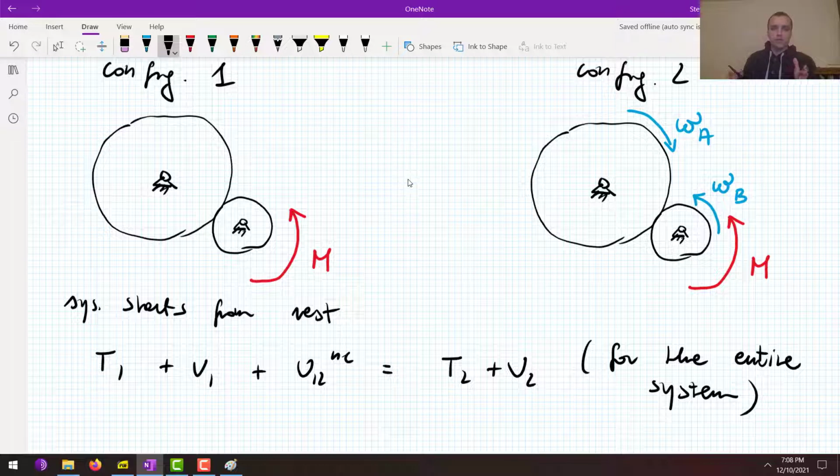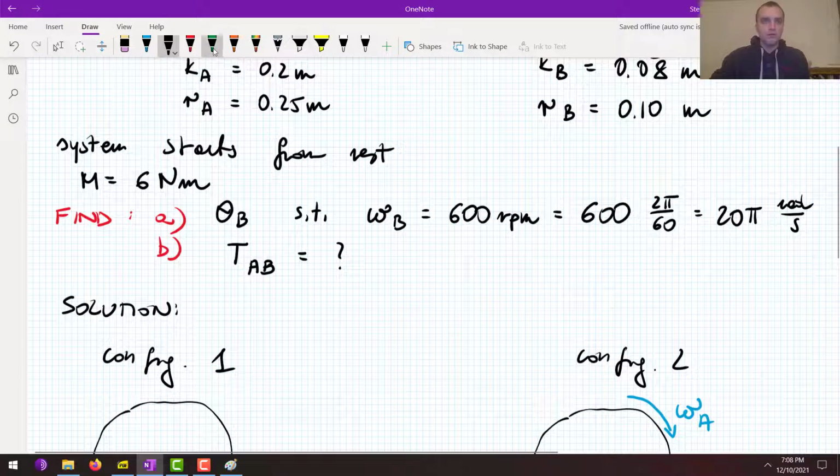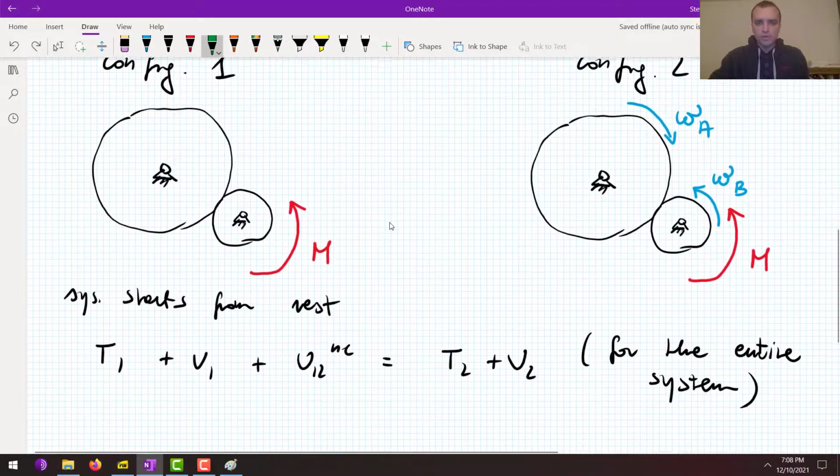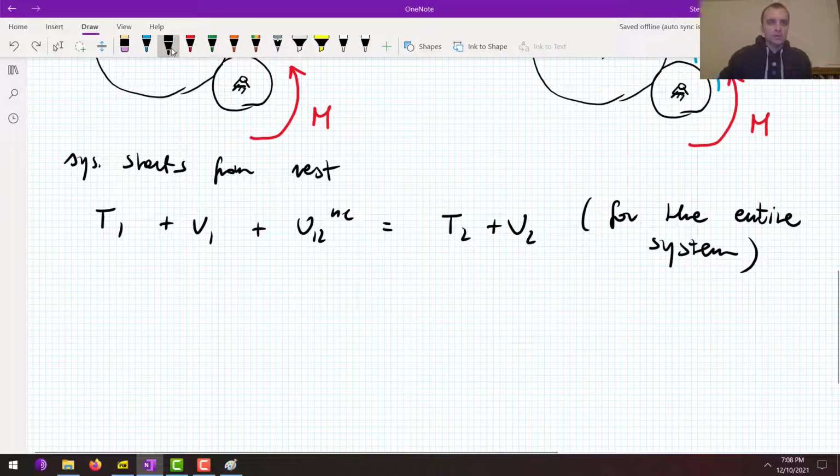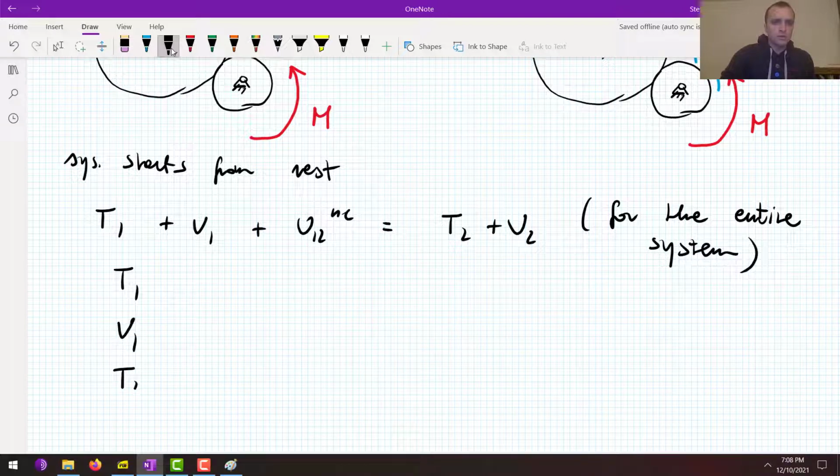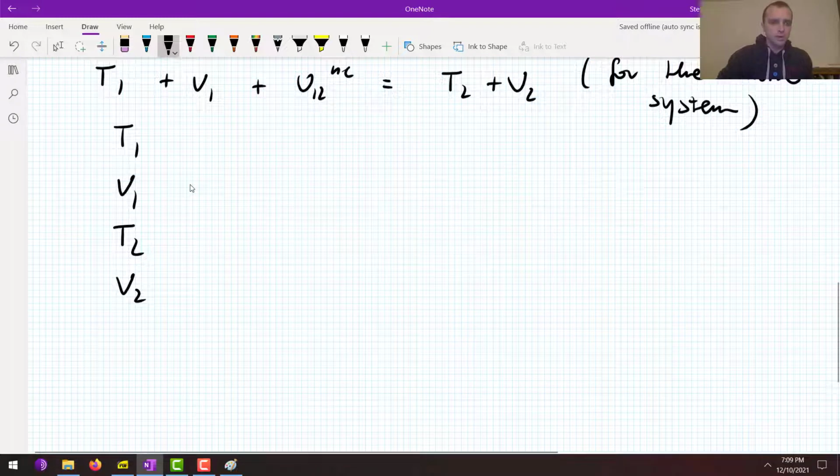I am just going to look at the entire system altogether, so all the internal forces I don't care about. In particular, this force between these two gears, I don't care about it. So right now let's find these five terms: T1, V1, T2, V2, and u-12 non-conservative.